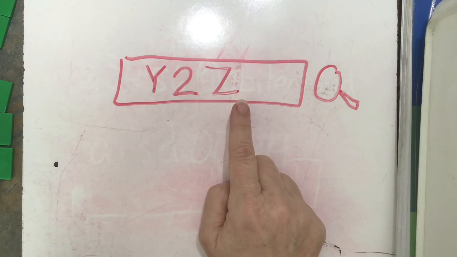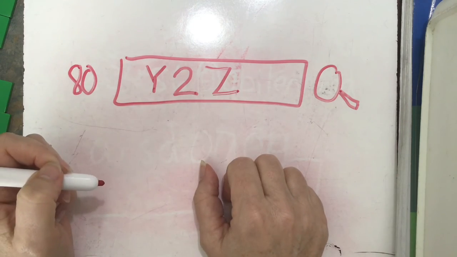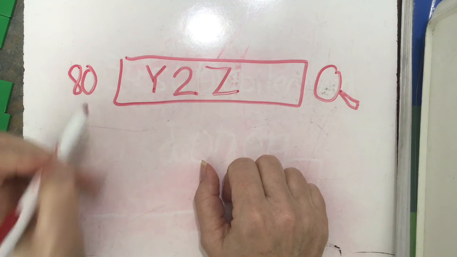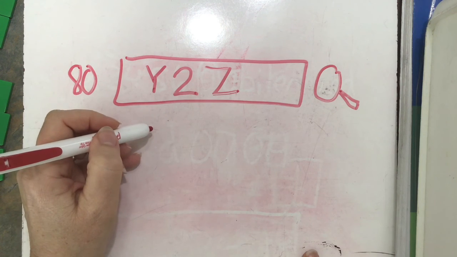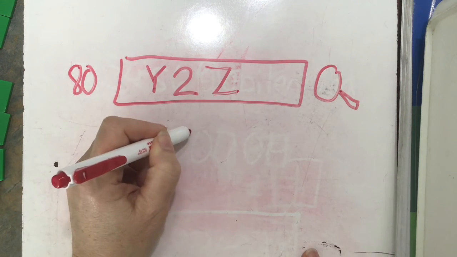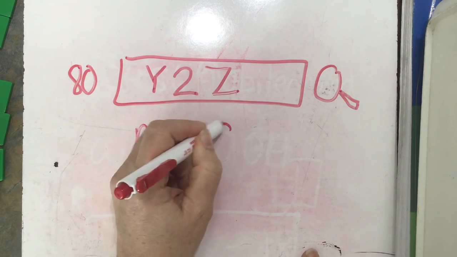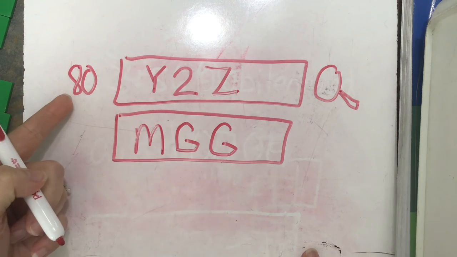And then after you've done that, your goal is to get an 80 SMART score. When you get a SMART score of 80, you can move on to the next one. All right, so your next one is, I want you to practice MGG. That will be the next one that you type in after you've gotten an 80 on that one.